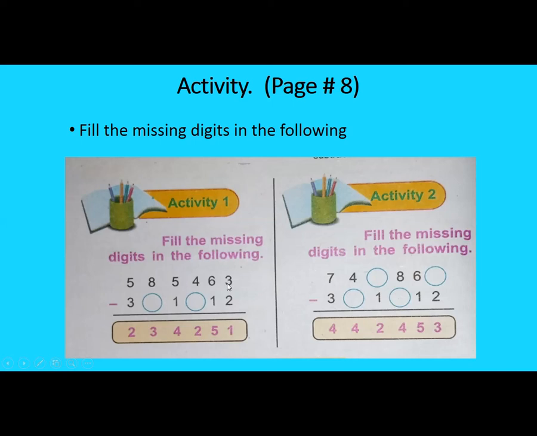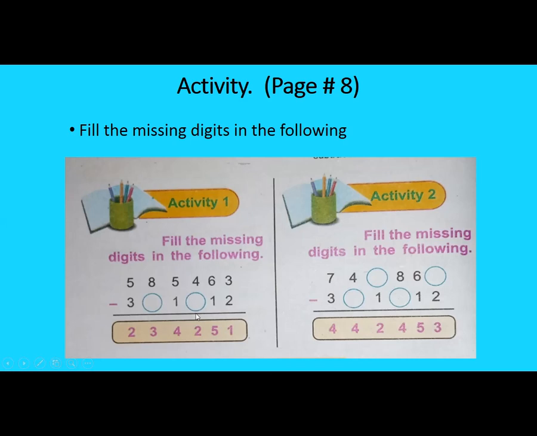So first of all, look at the solved part of the sum. 3 minus 2 is equal to 1. 6 minus 2 is 5. Then 4 minus circle, here is 2.